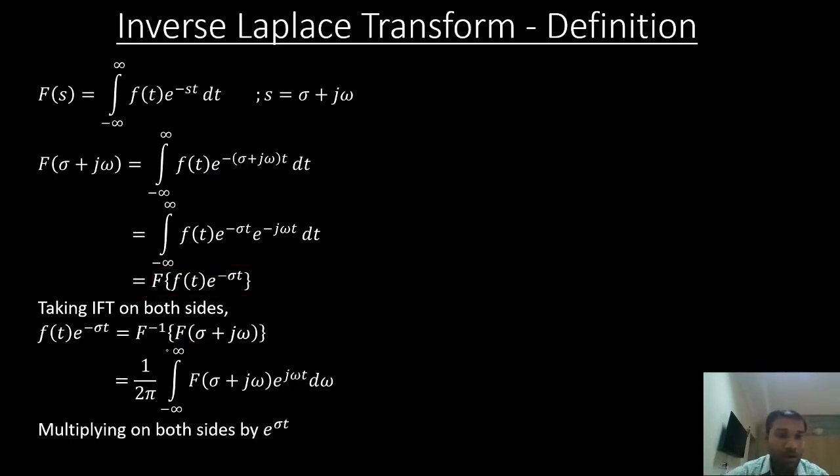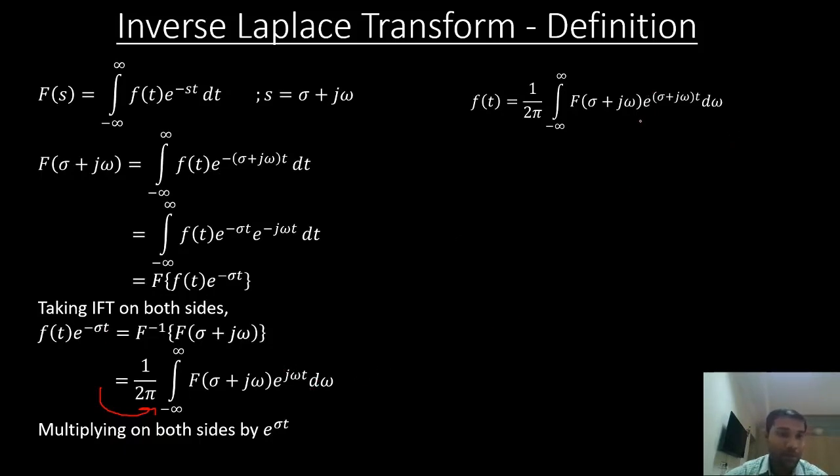Now on both sides I am multiplying by e power sigma t, or in a simple way, I'll take e power minus sigma t to the other side. If I take it to the other side, what will happen? 1 by 2 pi integration multiplied with e power sigma t. Now e power j omega t and e power sigma t, I am going to combine, right?